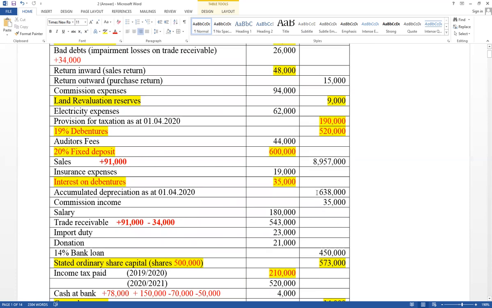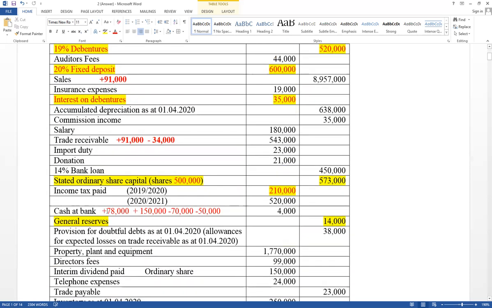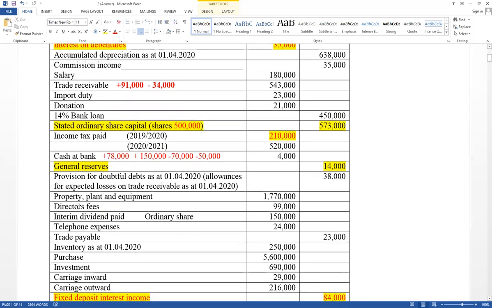This is the total value; its composition is given. And commission income, other income. Salary, consider. Trade receivable, consider. Import duty under cost of sales calculation. Donation, other expense. Bank loan, consider. Income tax, consider. Cash, the correct value should be included under current assets.